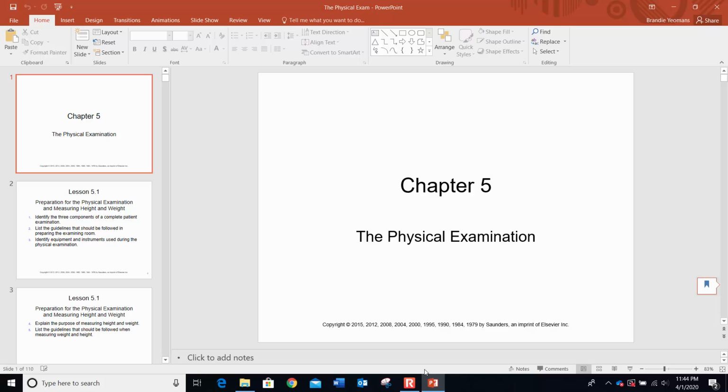So the clinical diagnosis is their tentative diagnosis that they derive from what they have evaluated in their health history as well as what they have found in the physical exam, and that's on page 142.